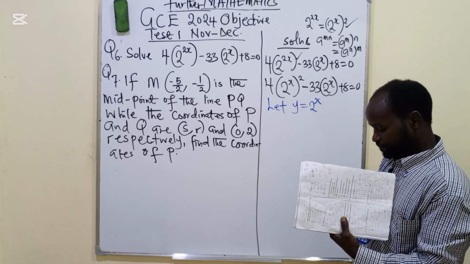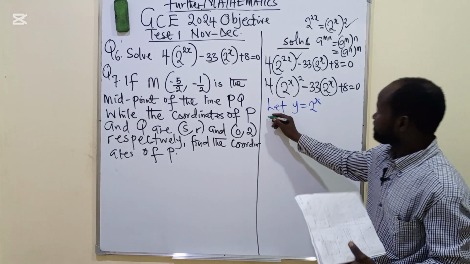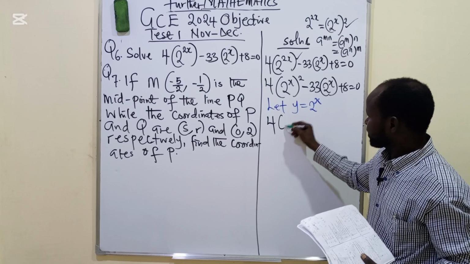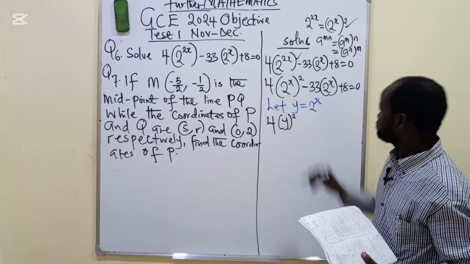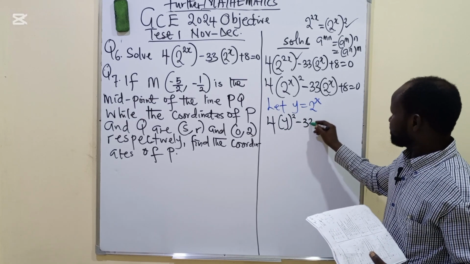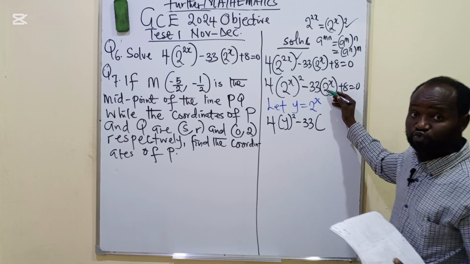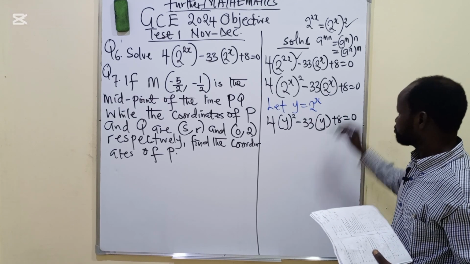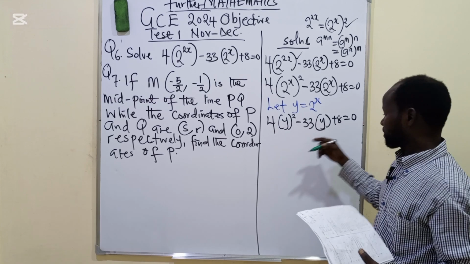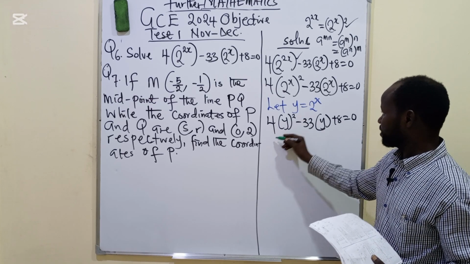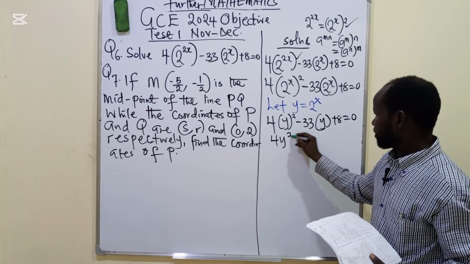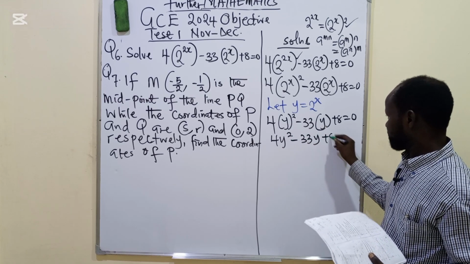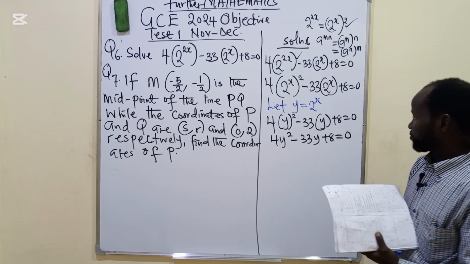So this will now be 4(y)^2 minus 33(y) plus 8 equals 0. Let's clear the bracket: 4 times y squared is 4y squared, minus 33 times y is 33y, plus 8 equals 0.